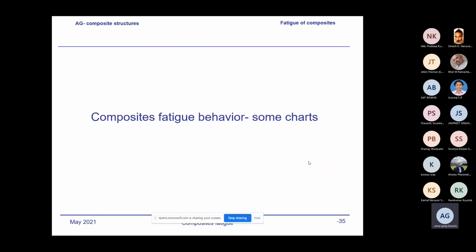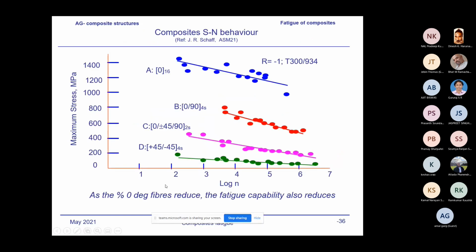Composite fatigue behavior, some charts. Some charts I have just plotted from a reference from ASM. This is showing maximum stress versus N cycles, that is life, all for R equal to -1. If you have a 0 degree laminate, it has very good fatigue behavior.